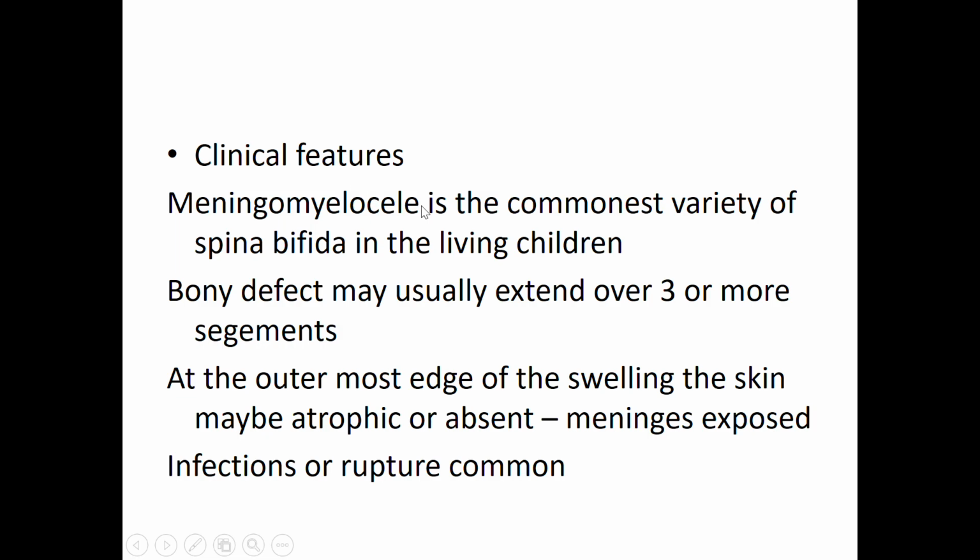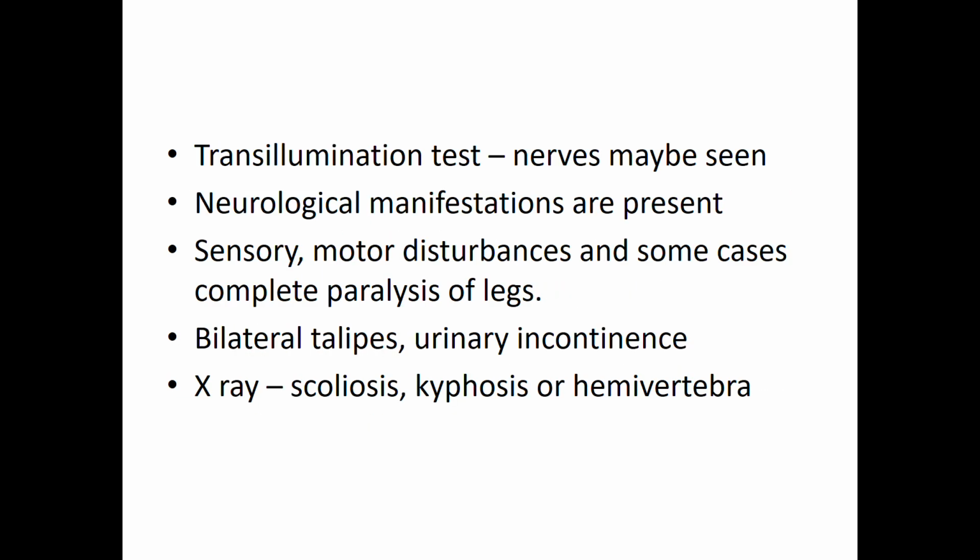Now, clinical features. It's the commonest variety, and as I told you earlier, three or more vertebrae or segments may be defective, because of which the contents protrude. If the skin is very thin or absent, you can actually see the meninges. Here infection and rupture are more common, as the skin covering is not seen or is very thin.